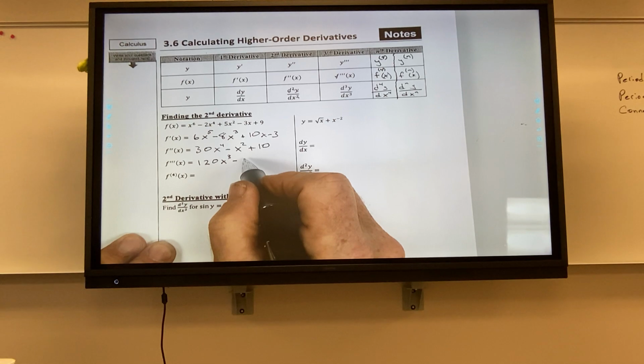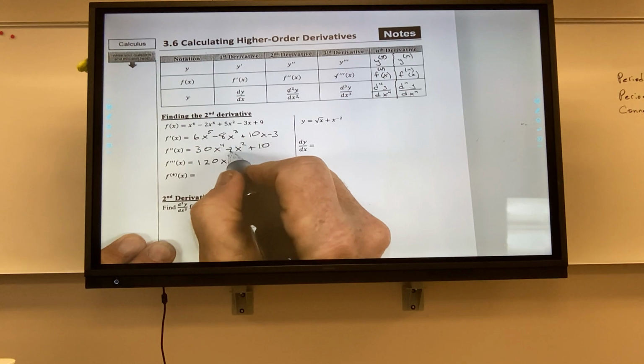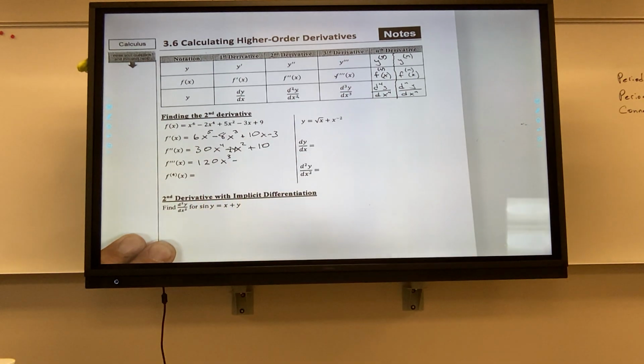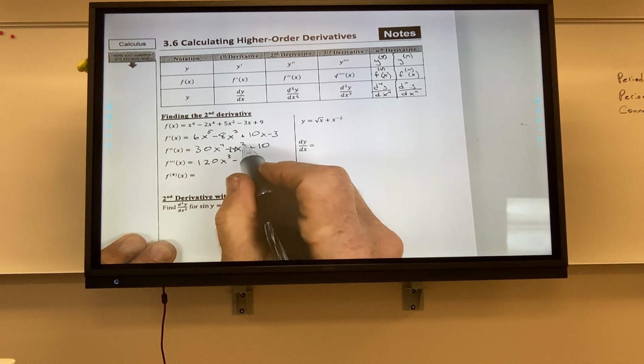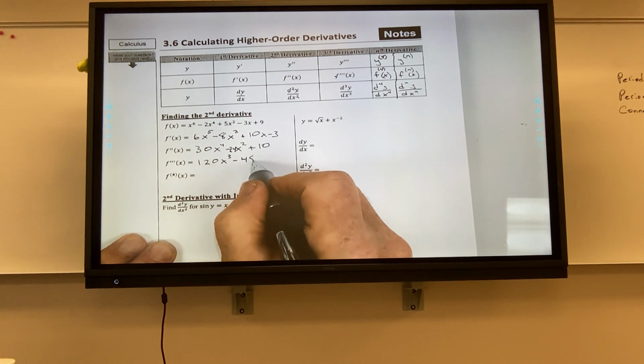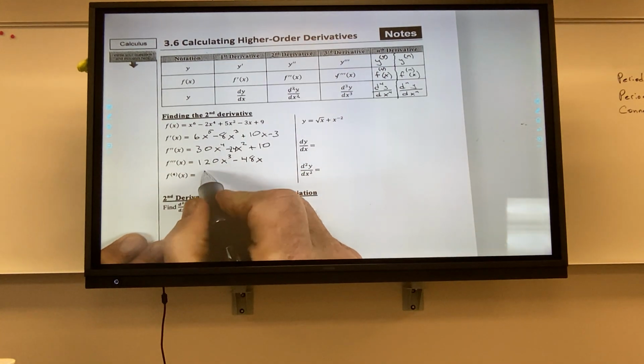Am I correct in that statement? Was there supposed to be 24 here? Yeah. And I didn't write it down? Okay, and so then when you took the derivative, you took 24 times 2 and got 48? Yep. X to the first? Yep.